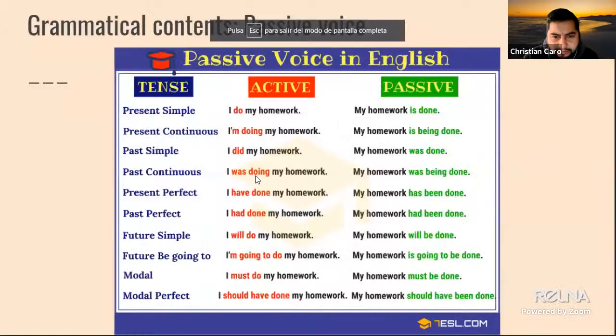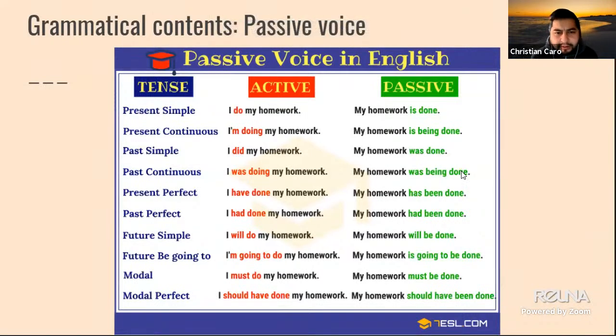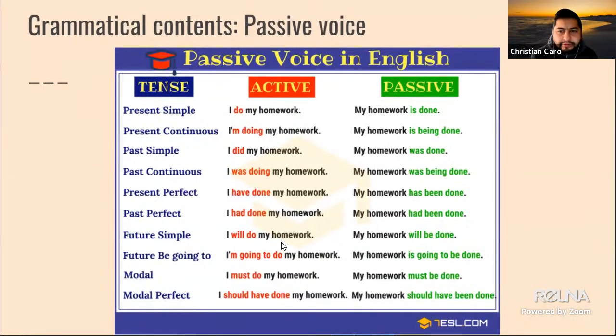Well, you know that in the English language, we have the active voice and the passive one. All right. And what is the difference between active and passive voice? Basically, active voice is focused on the subject, right? On the doer of the action.